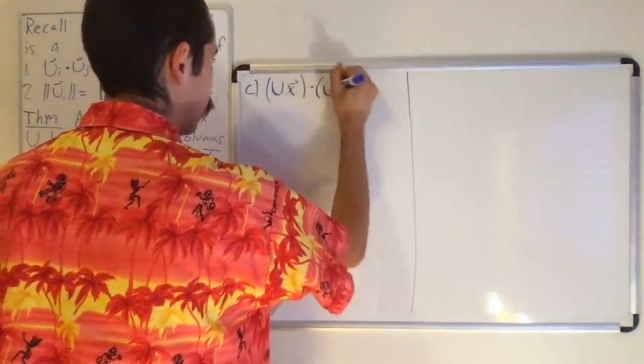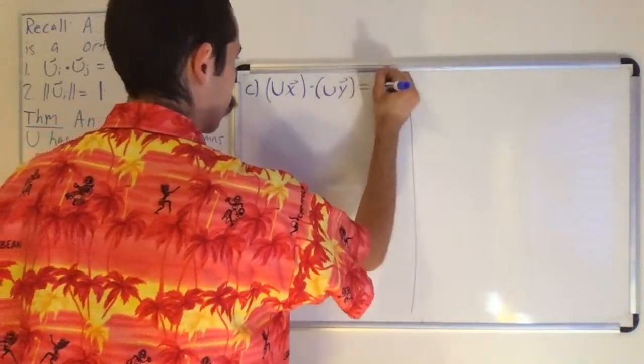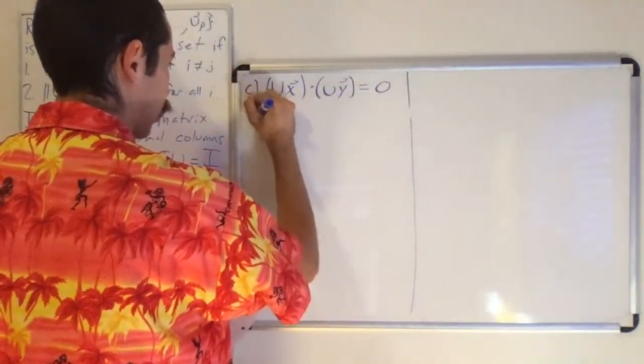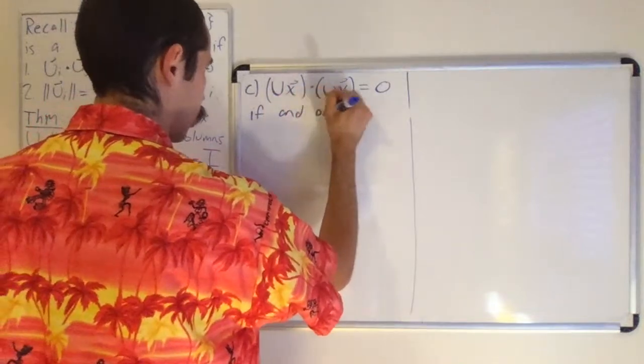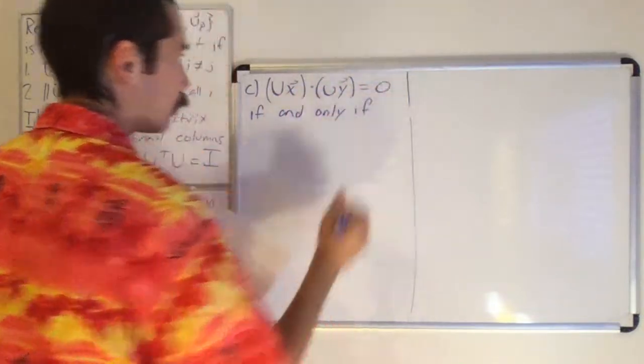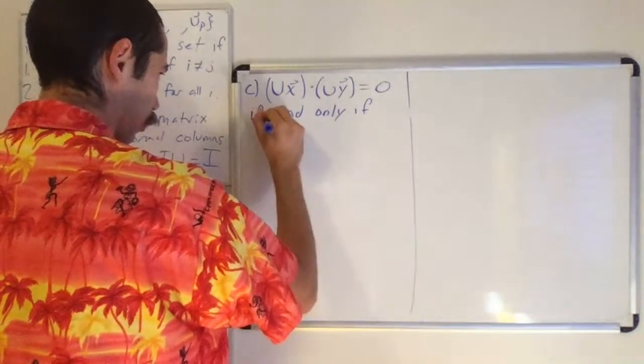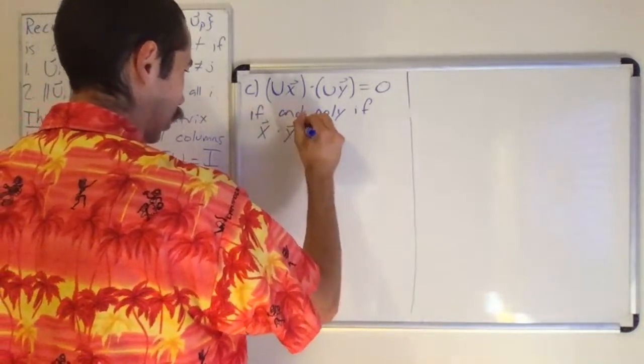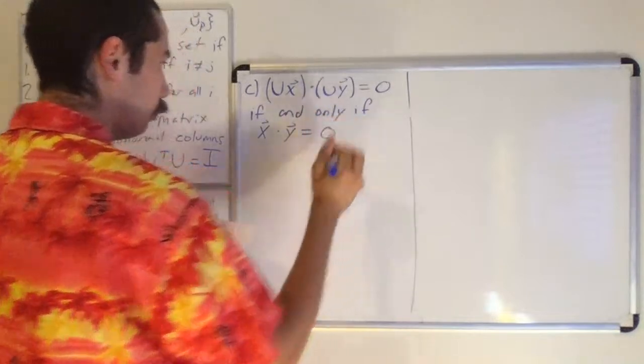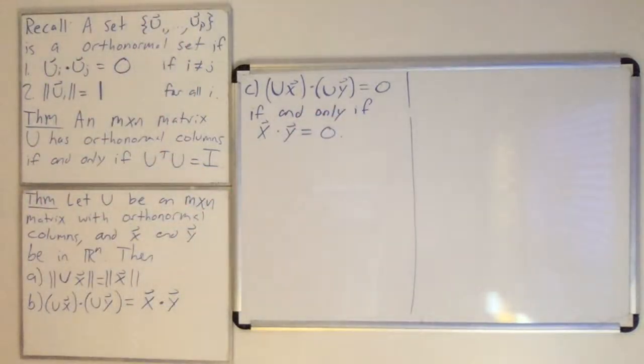Ux dot Uy equals 0 if and only if x and y are orthogonal. So what does this theorem say?